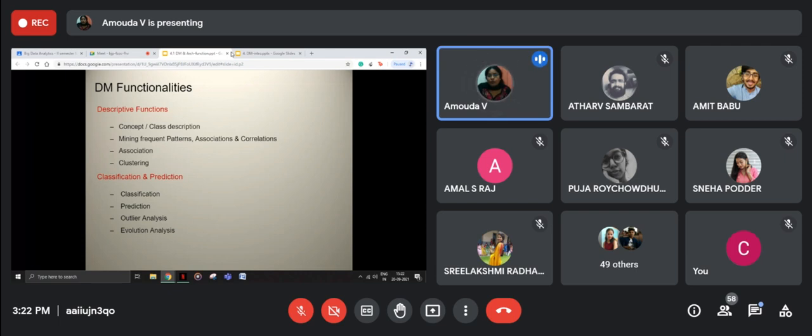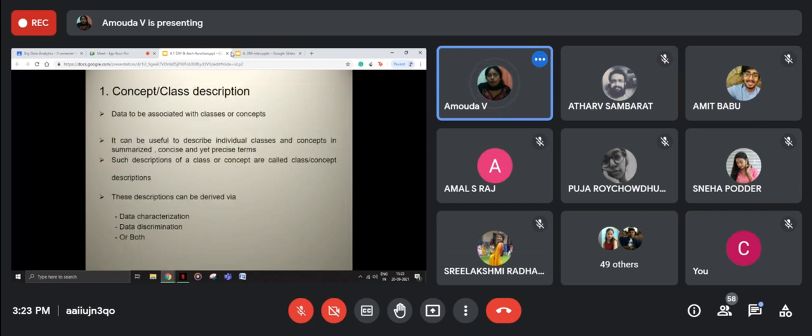Okay, fine. The next one is classification and prediction. I told you these two are basic tasks. So the first task is descriptive, the second task is classification. Under classification, we can classify the data, make some predictions for future trends, and outlier analysis and evolution analysis can be done from this task.